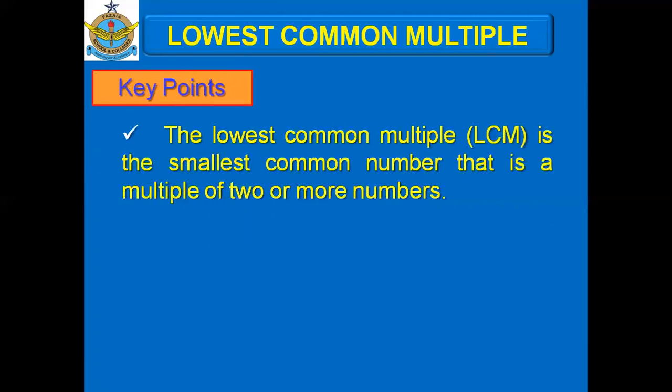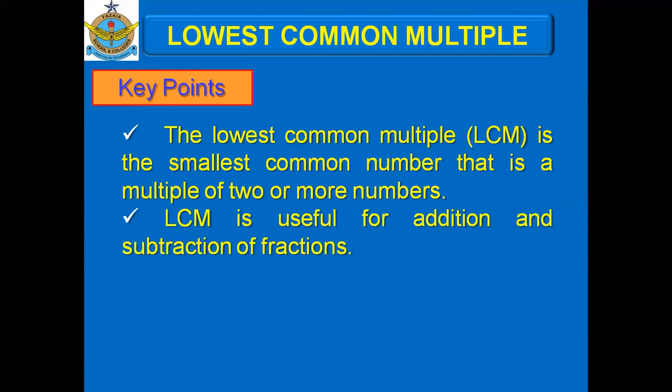Here are some key points. The lowest common multiple, LCM, is the smallest common number that is a multiple of two or more numbers. The second point is that LCM is very useful for addition and subtraction of fractions.